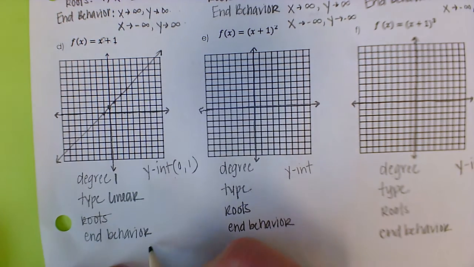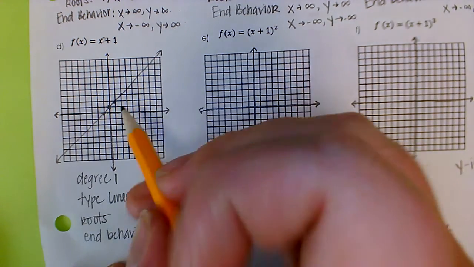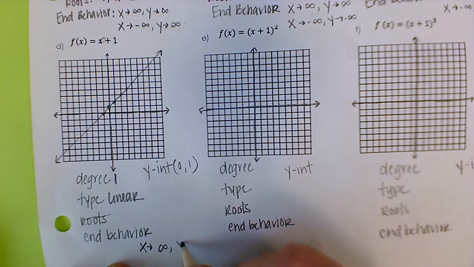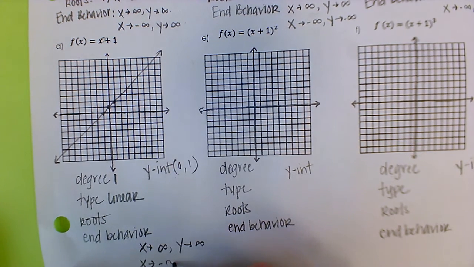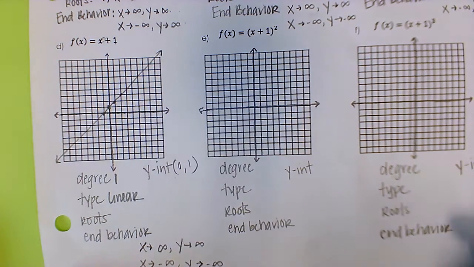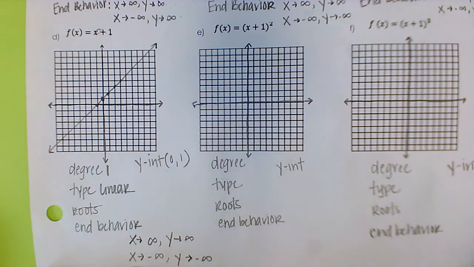There we go. So as x approaches infinity, as x gets bigger, y is getting bigger. As x approaches negative infinity, y is approaching negative infinity, because as x gets smaller, y is getting smaller.